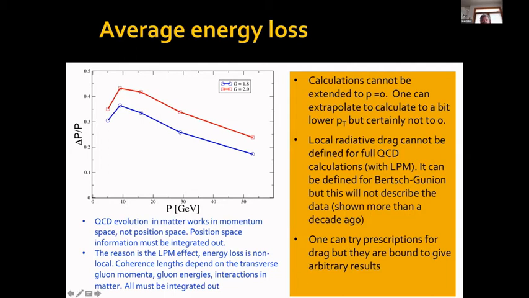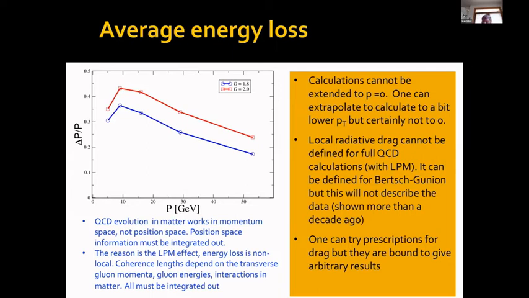And let me just explain this point. Imagine that you asked to calculate energy loss in a box of certain size L. In a box of constant temperature, the energy loss will go like L squared. And if we try to divide by one length dimension, you'll see that the radiative drag will still depend on the size of the box.